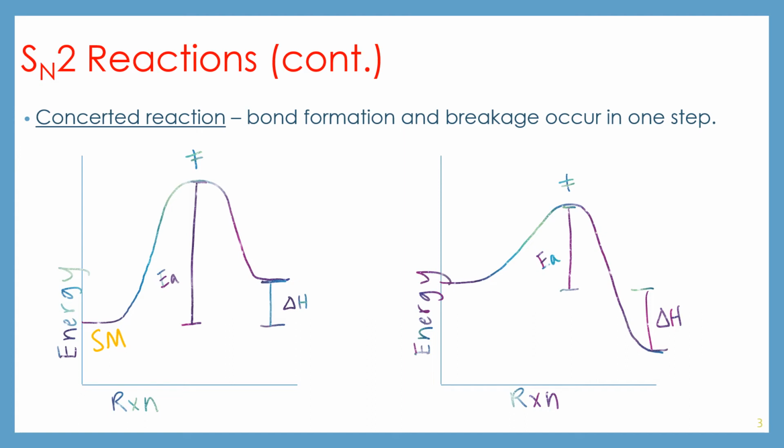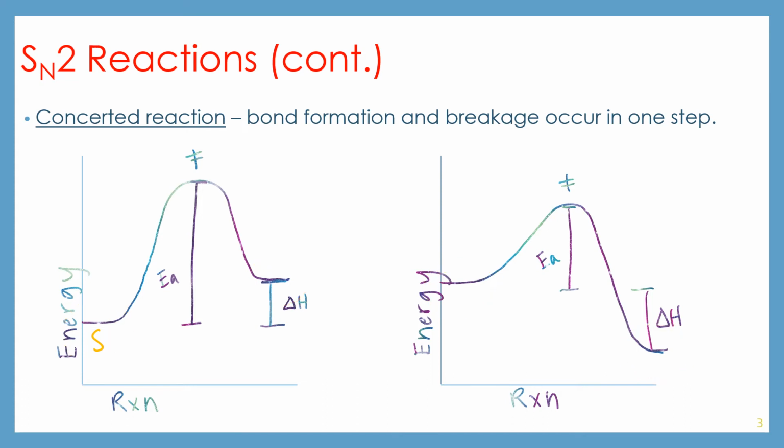There are two different possibilities here. You can have your starting material start off at a lower energy than your product, or your starting material can start off at a higher energy than your product, meaning that your starting material was more reactive and less stable than the product.